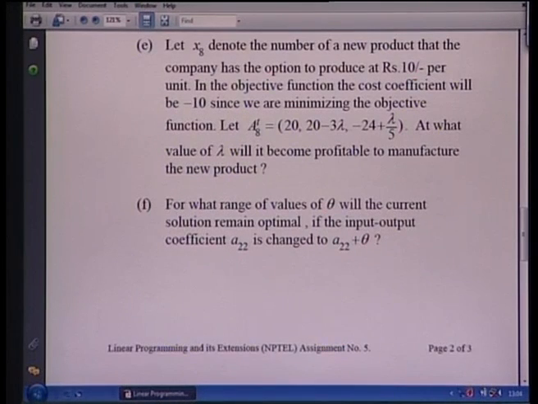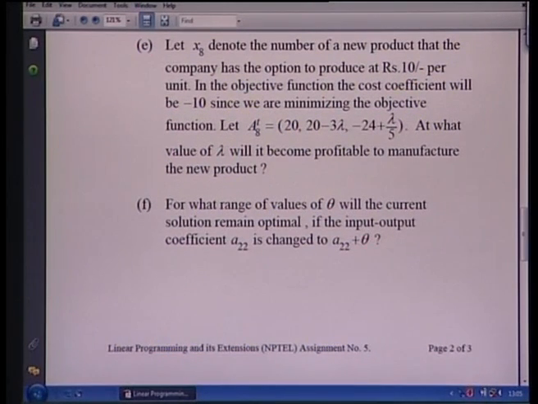Part E says that X8 denotes the number of units of a new product that the company has the option to produce at rupees 10 per unit. Oh no, it should have been minus rupees, because again the objective function I am writing as minimization. So therefore, this should actually be minus 10 per unit in the objective function, the cost coefficient.